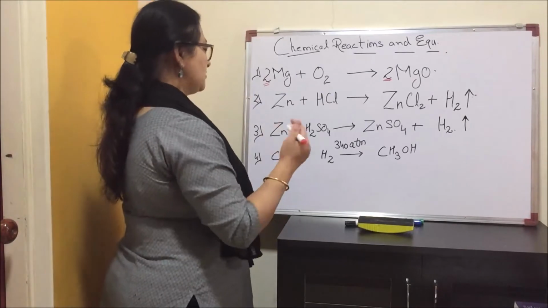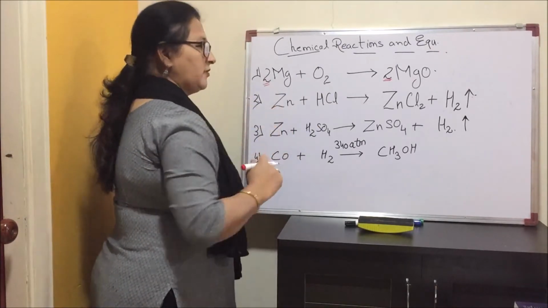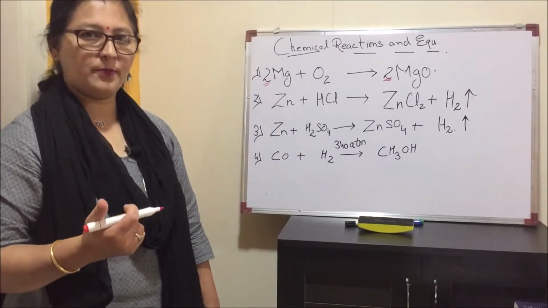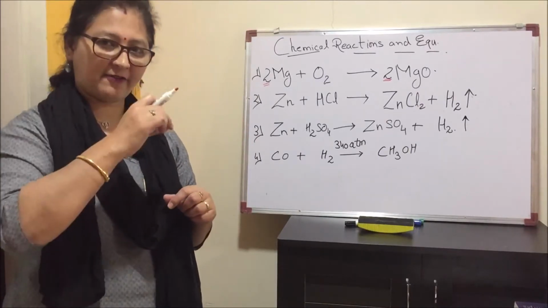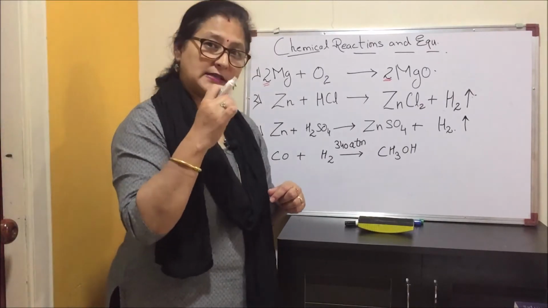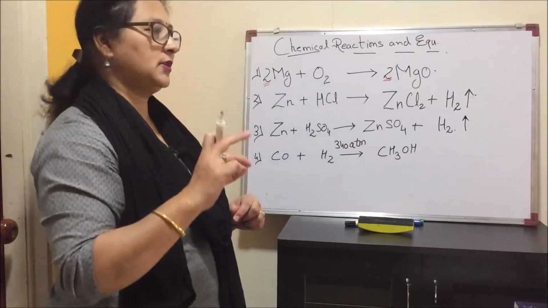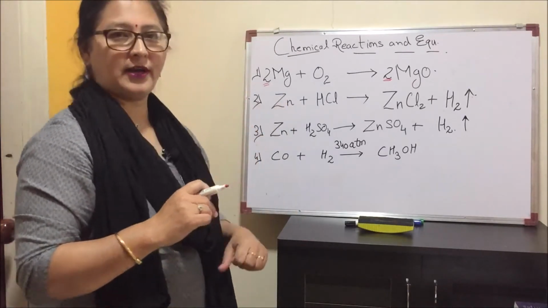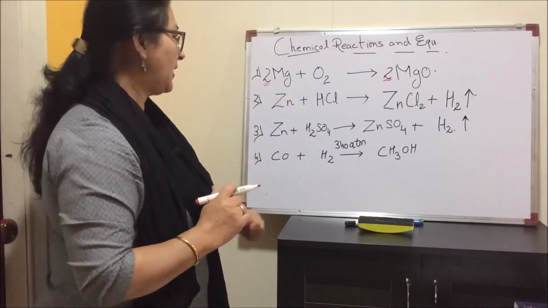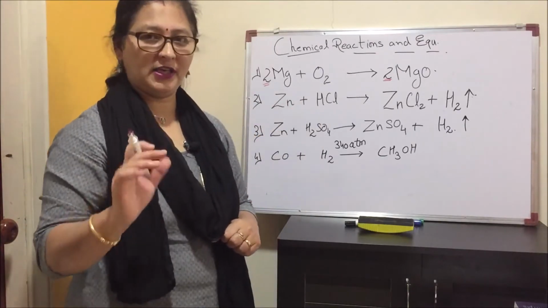Okay, so let's do the second equation. This second equation is based on the activity in your book, where in the conical flask we have put zinc granules, and on the zinc granules the hydrochloric acid was poured. But this reaction has to be done very carefully.